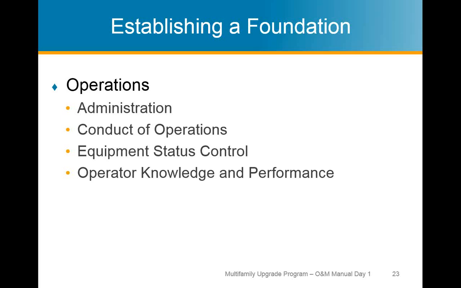Then we have equipment status control, and this is saying take a step back, be cognizant of the status of all equipment. That's pretty vague, but on a building by building basis, that can take different shapes or forms.